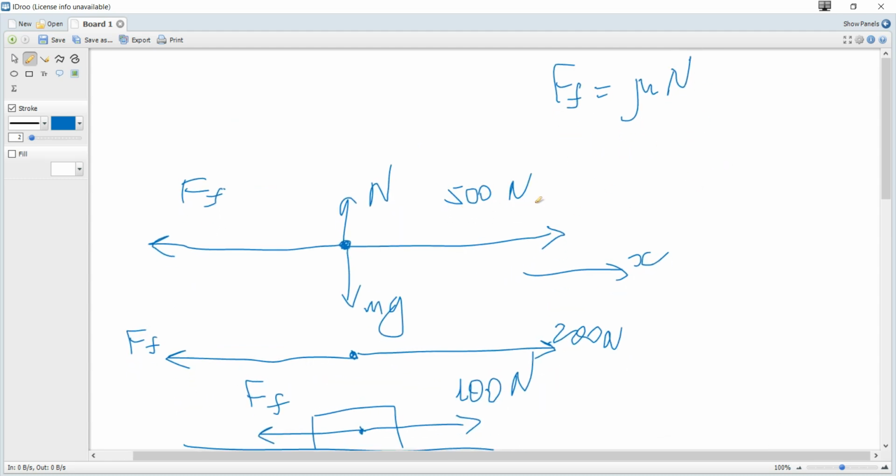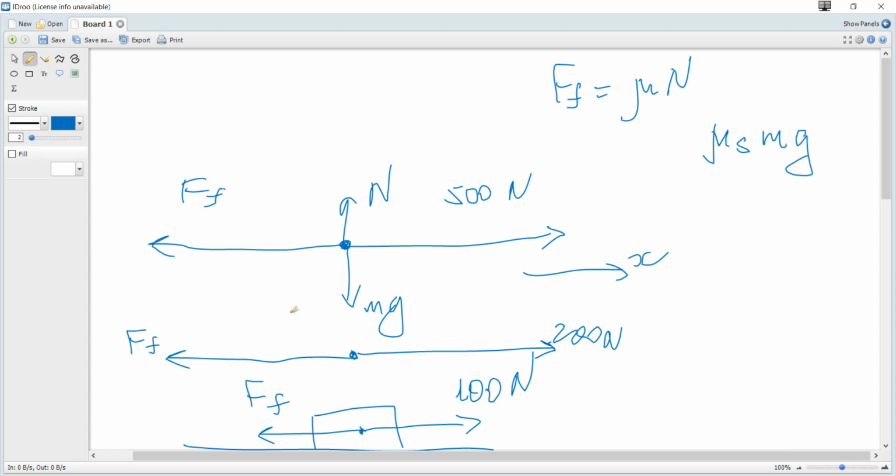And when we consider this moment of time, this coefficient of friction is called the static coefficient of friction because it doesn't move, so it's called static. And what is n then? It's quite easy. If we consider the vertical axis, you can see that n is just balanced by mg, so n is mg. But it's only for this situation.